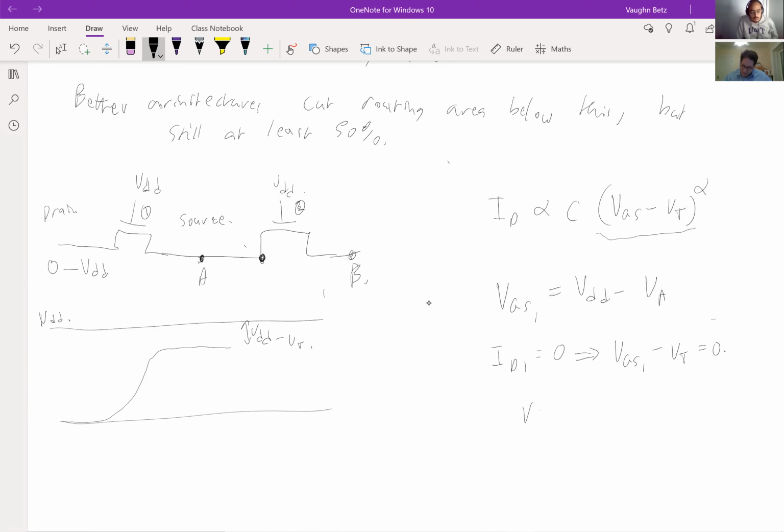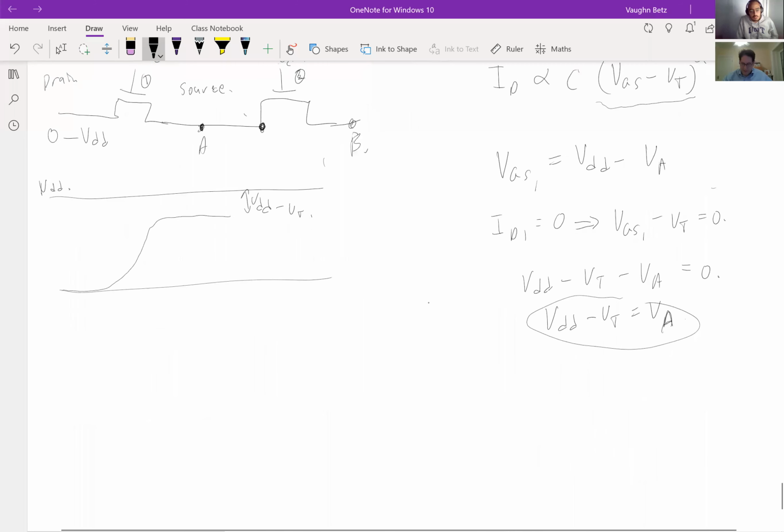That means VDD minus VT minus VA equals 0, which if I reorder things, happens at VA equal to VDD minus VT. Does that make sense? Hopefully that's convinced you that VA will only go to VDD minus VT, because after that the transistor is off and not conducting, since VGS minus VT is now 0.